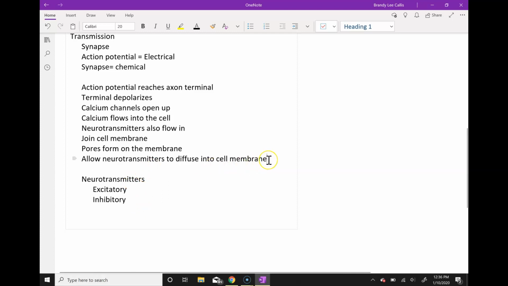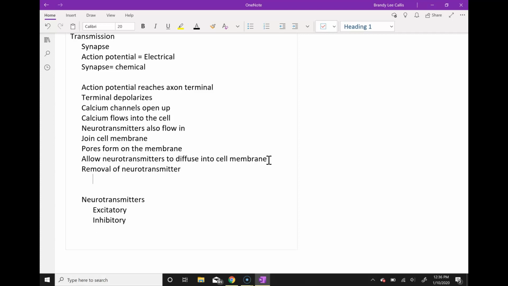Now the last step, sorry, I meant to leave a space here. The last step in the communication between the nerves at the synapse is the removal of the neurotransmitter. And this is usually done by an enzyme.